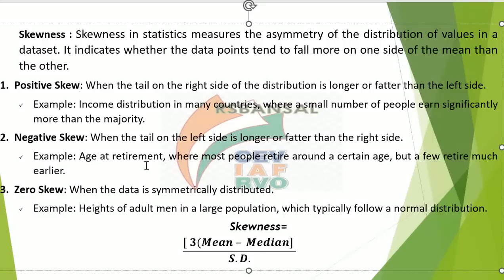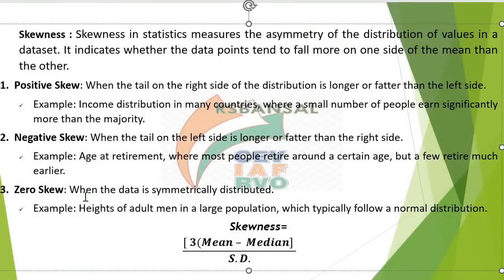For example, age at retirement, where most people retire around a certain age, but some retire much earlier. As in India, the retirement age is 58 to 65, but in the case of military, the persons are retired much earlier.